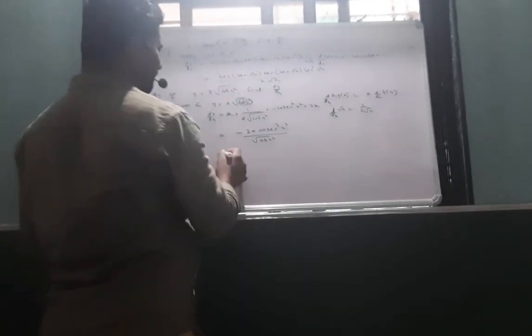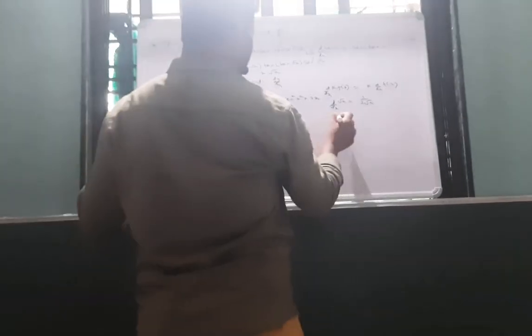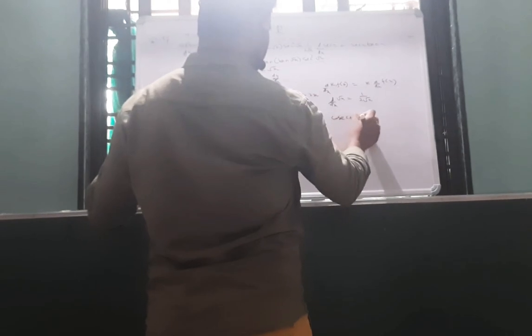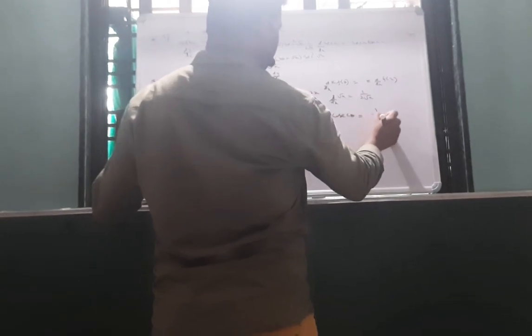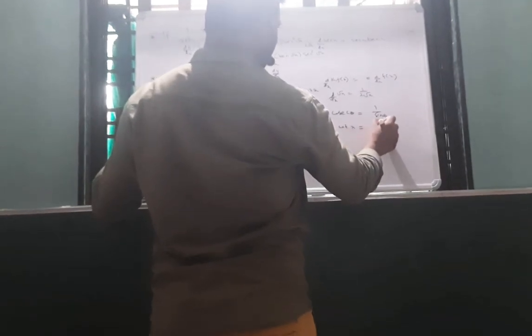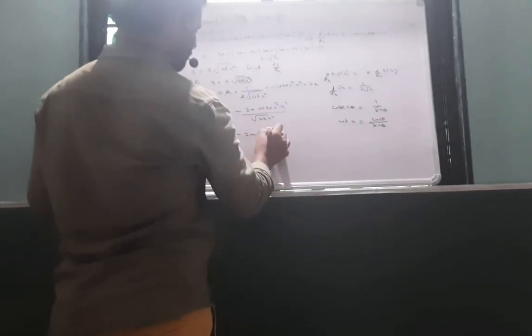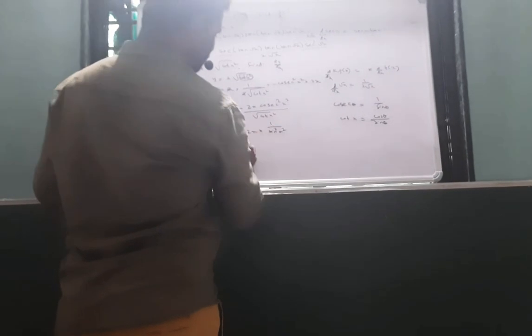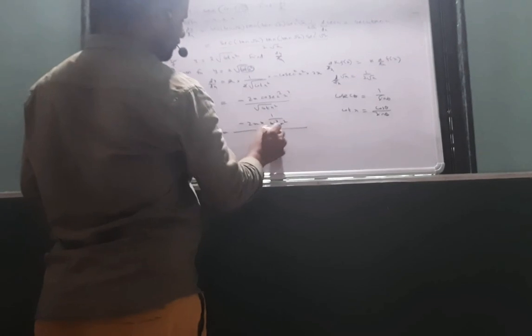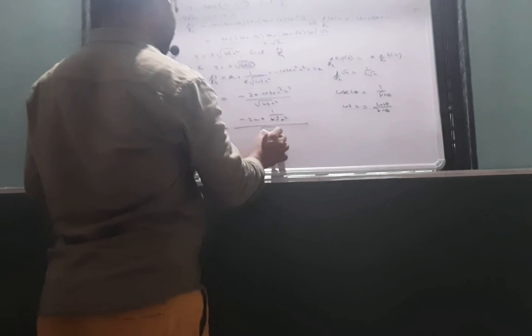So it will further simplify as minus 2x. You know cosec theta is equal to 1 by sin theta from first year, and cot theta is equal to cos theta by sin theta. So we can write cosec square x square as 1 by sin square x square, whole divided by root of cot x square, which is square root of cos x square divided by square root of sin x square.